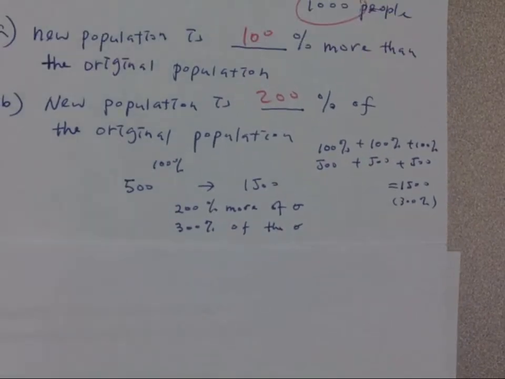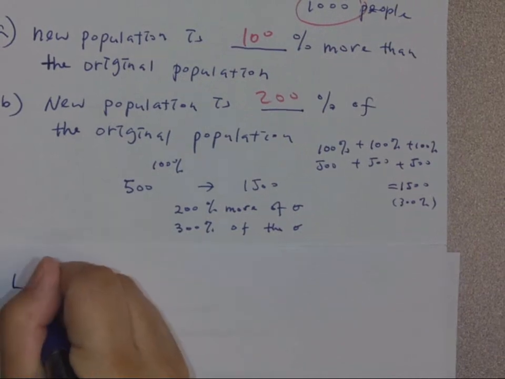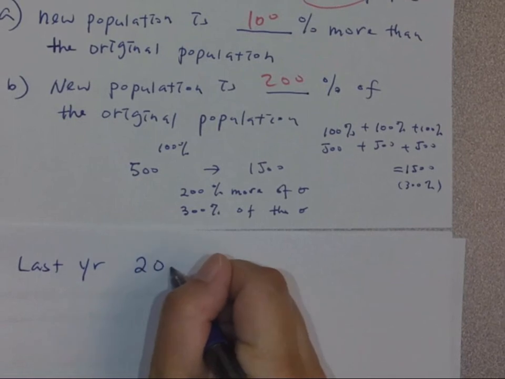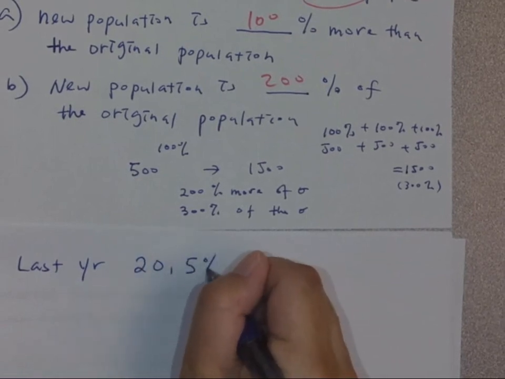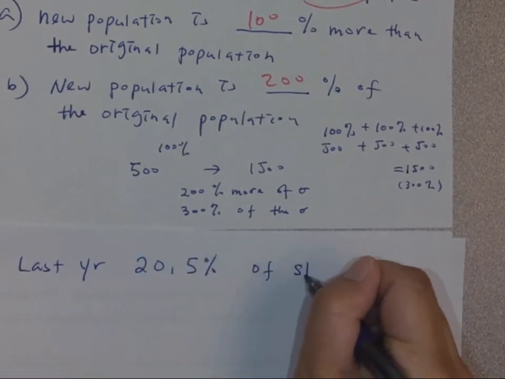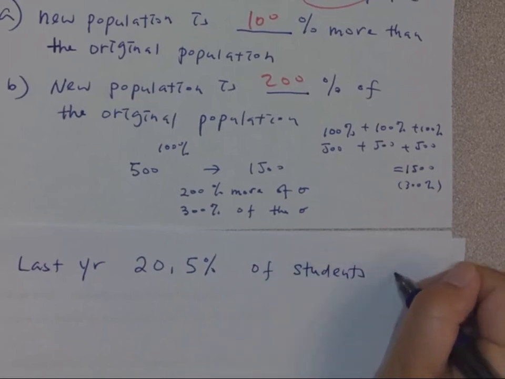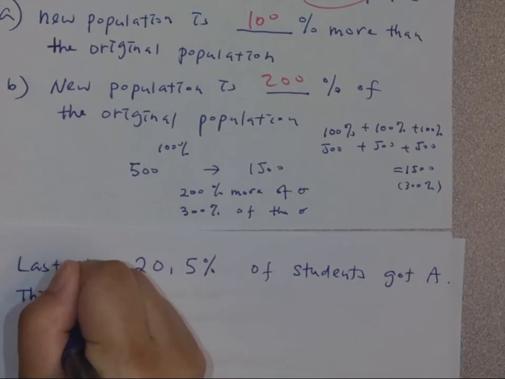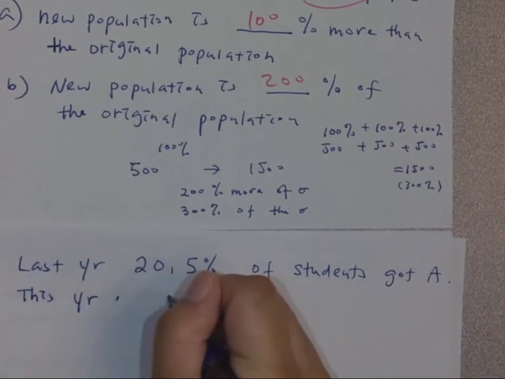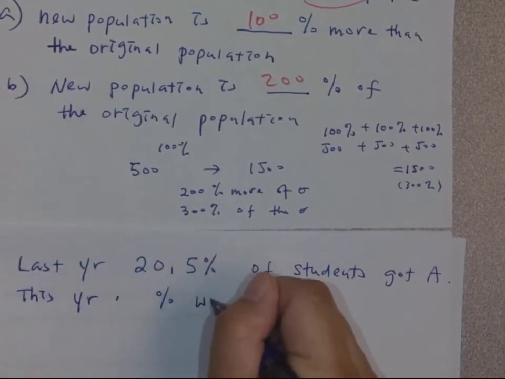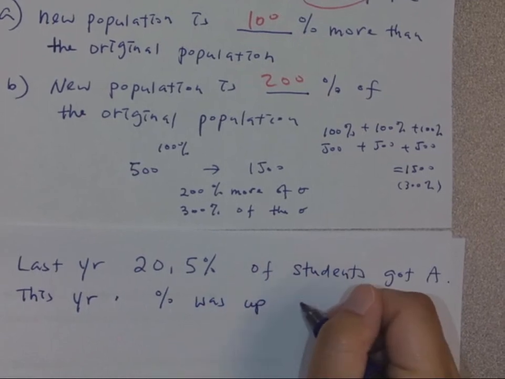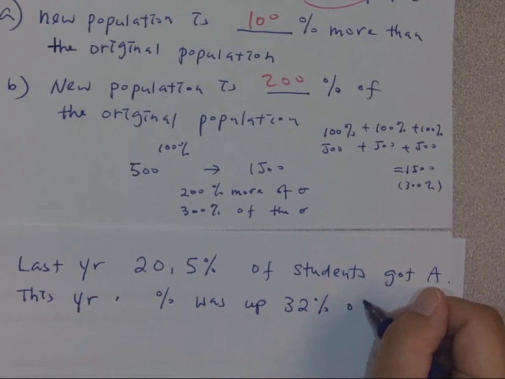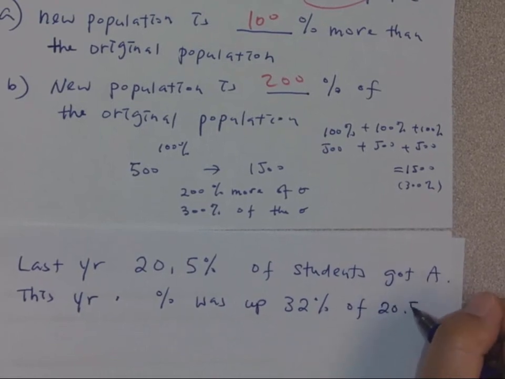So the very last one I'm showing you, I'm going to say last year, 20.5% of students got an A. This year, the percent was up 32%.